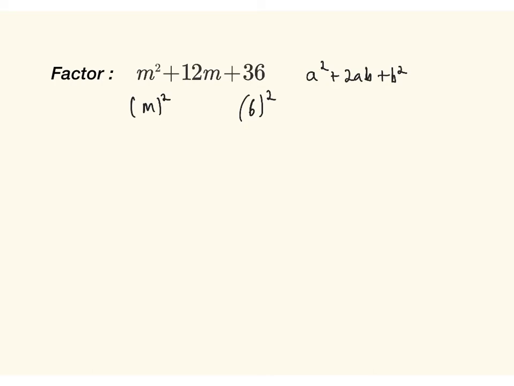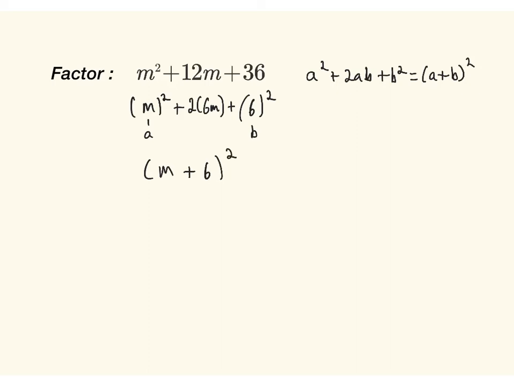So if this is the case, then the middle term should be plus 2 times 6m, which 2 times 6 is 12. And that does fit the pattern. So that means then that this should factor as (a plus b) quantity squared. So if we use this for a and this for b, then we have (m plus 6) quantity squared.